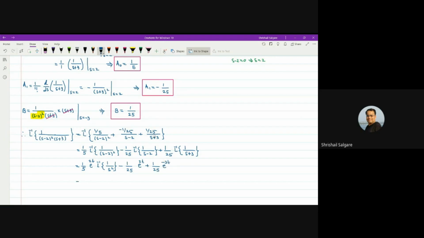Now the last step, this is 1 upon 5 into e to the power 2t. What is this term? L inverse of 1 upon s square is t. It is t raised to 1 upon 1 factorial. It can be written as t, minus 1 upon 25.